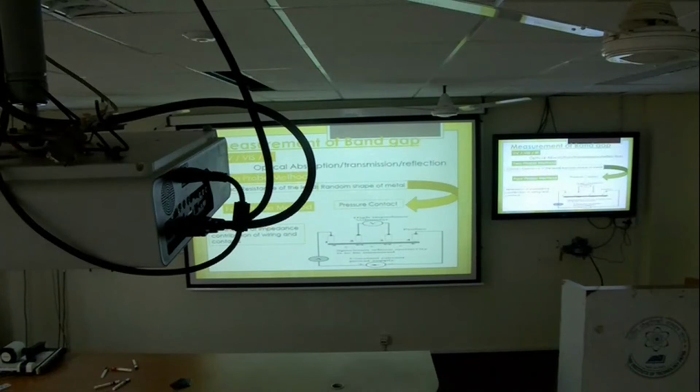Now the other is the two-probe method, which has contact resistance of leads and the random shape of the metals. The other one, which we have earlier discussed, is the four-probe method, in which we have pressure contacts. Why do I do that? That is the elimination of the contribution of impedance of wiring and contacts. It is shown here in a specific way, because it is very easy to design.